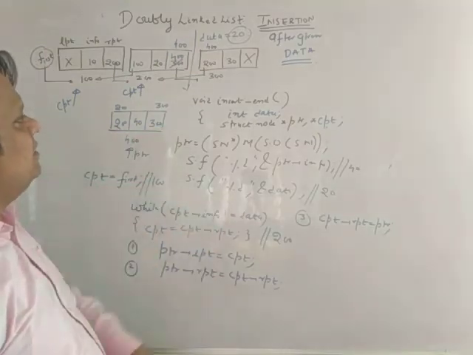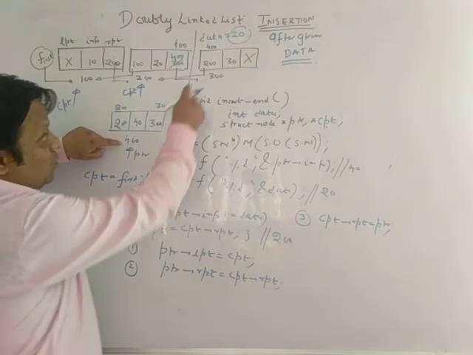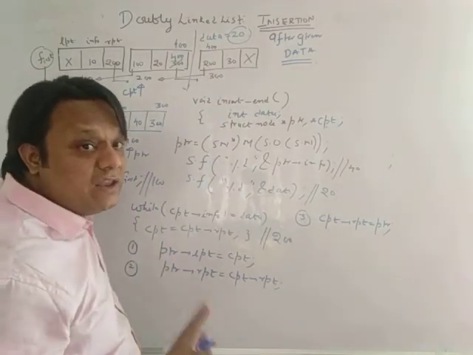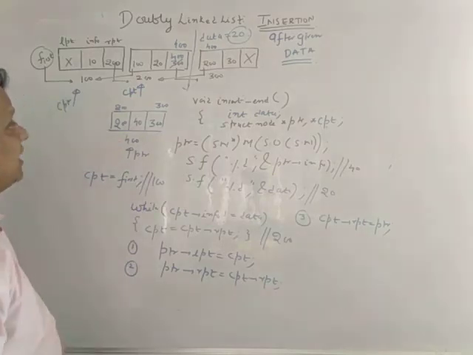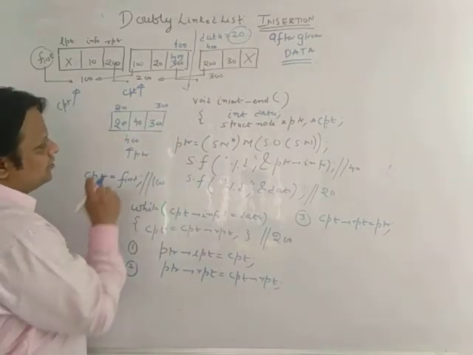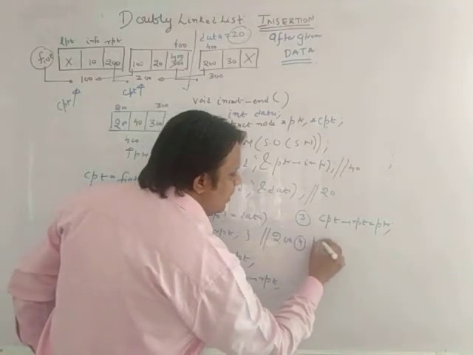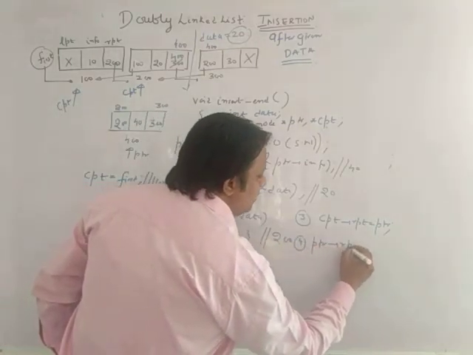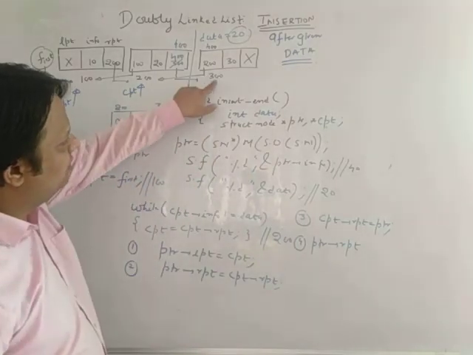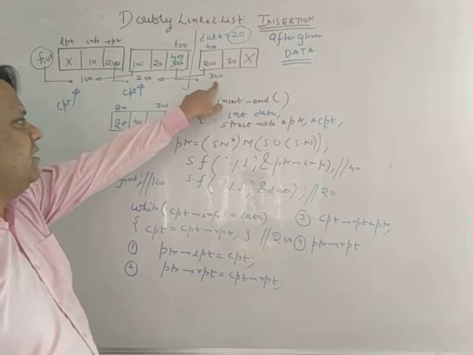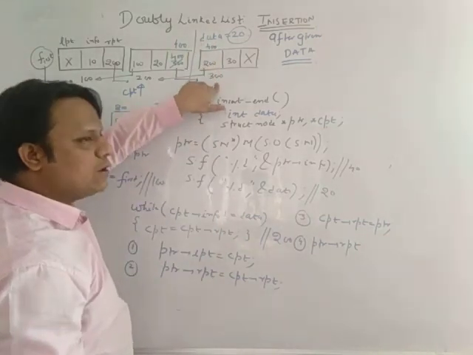Can you get 300? Yes, you can get 300 from your PTR. Look at this very carefully. Now you want to change this block. So first try to reach 300. How do you reach 300? PTR arrow RPT. So when I write PTR arrow RPT, which is 300, I am reaching 300. Now I want to change the LPT block of PTR arrow RPT.